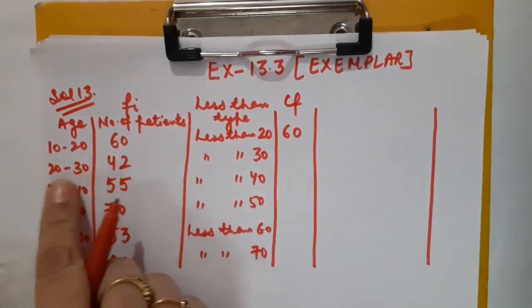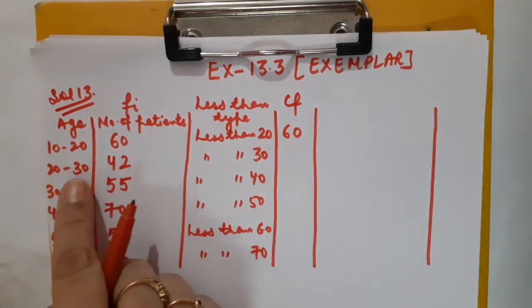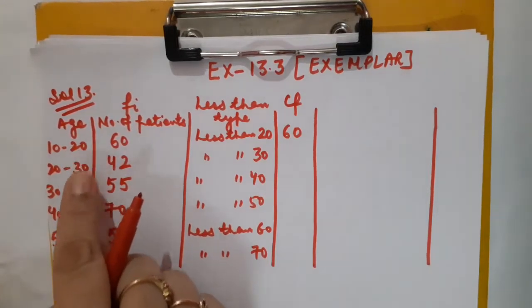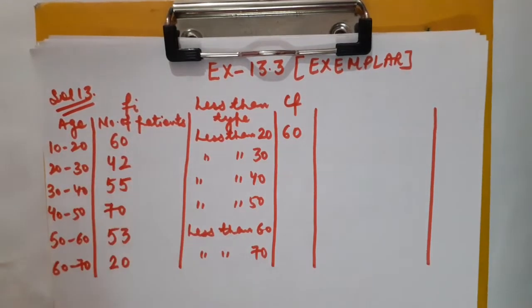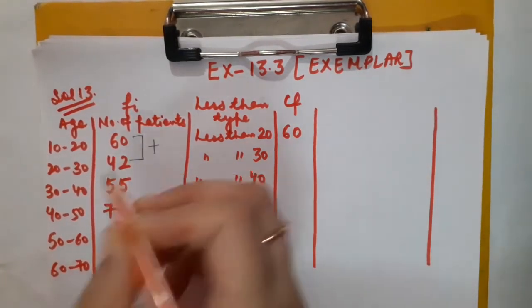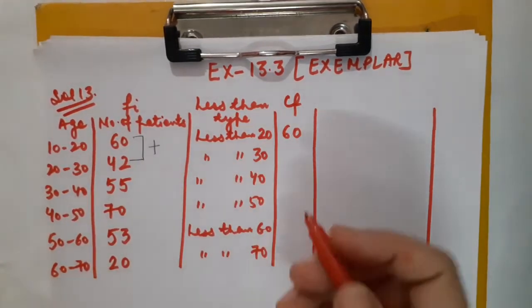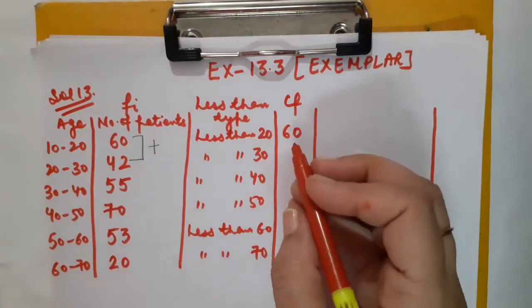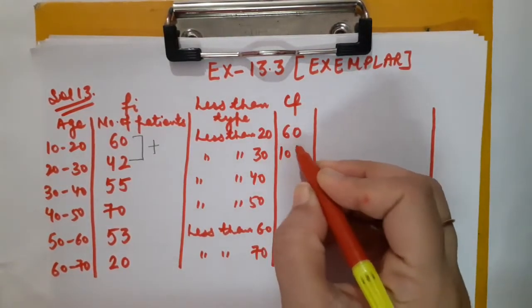Now let us talk about less than 30. In less than 30, less than 20 will also be included. Yesterday also it was taught. So we add both of them to get the next cumulative frequency, so it becomes 102.